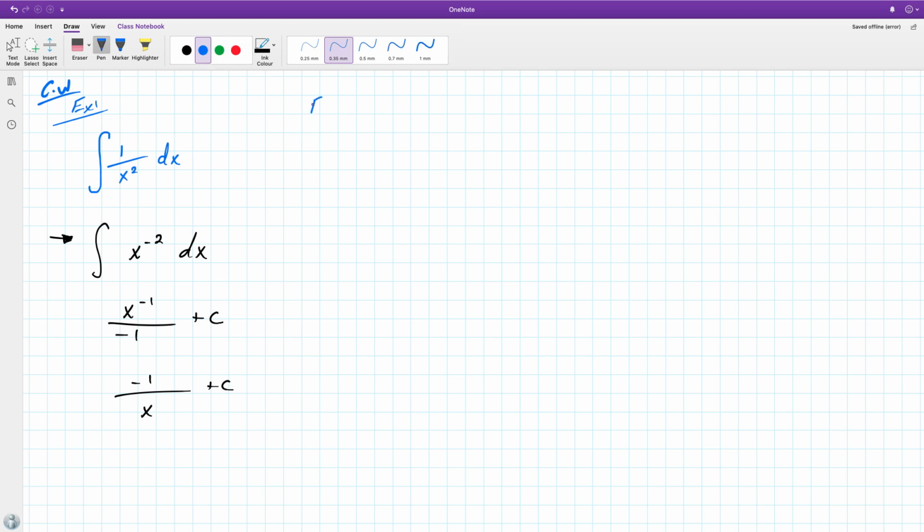Right, example 2. Integrate for me the integration of the square root of x dx. What's the power for a square root? A half, yeah. So that's x to the power of a half.